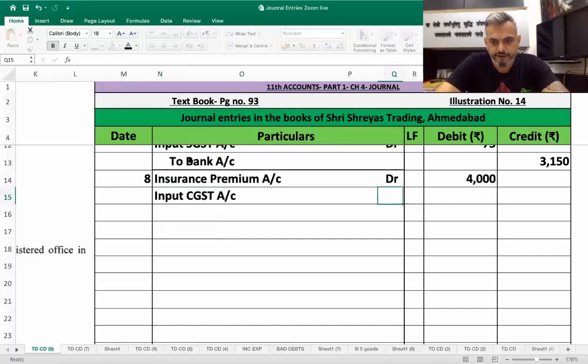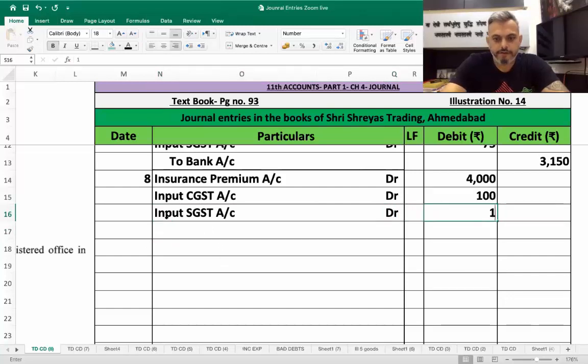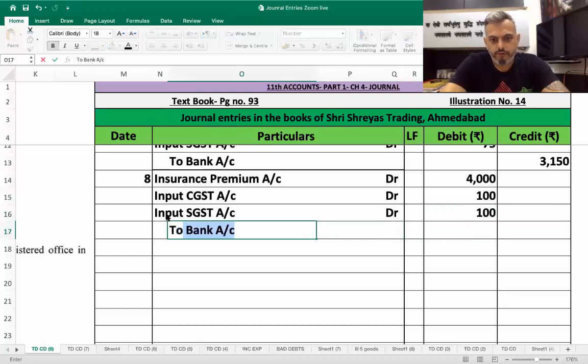Input CGST account debit, 2.5% of 4,000 is 100. And input SGST account debit 100. To bank account 4,200.